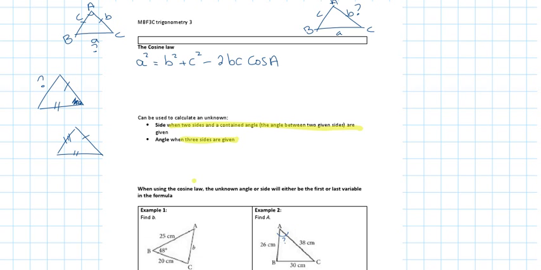A, C, and angle B. So if you're asked to find B, then they must give you A and C and angle B. What would your formula be? Exactly. You guys came up with the formula. I didn't tell you what the formula is. I just told you the first one.